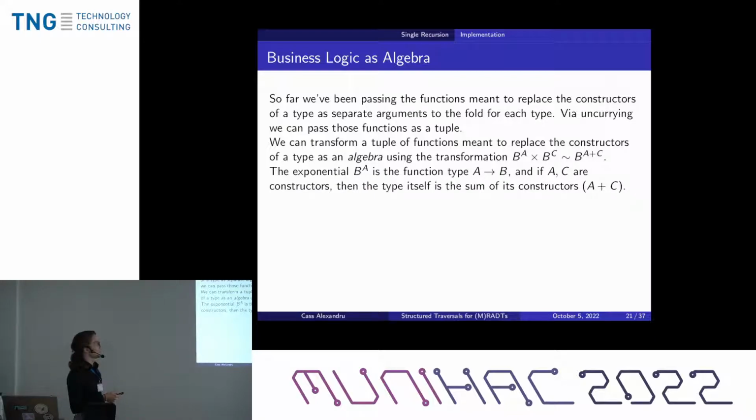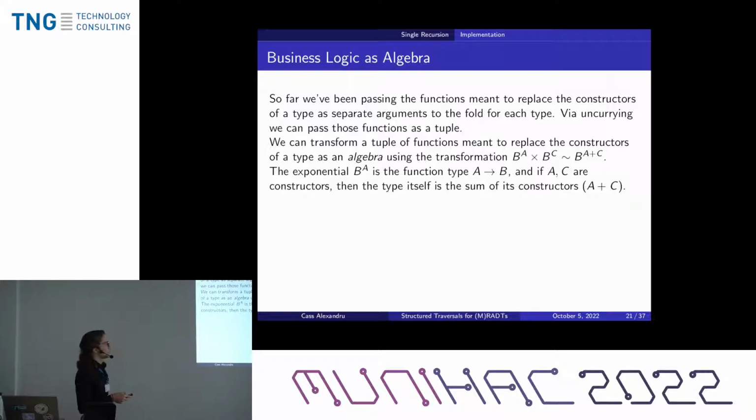The exponential in category theory is equivalent to the function type from A to B. You could look at it as tuples of type B indexed by all of the elements of type A, and there are reasons why it makes sense to look at it as an exponential.